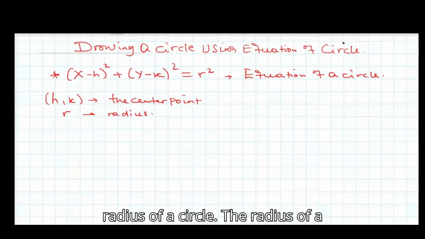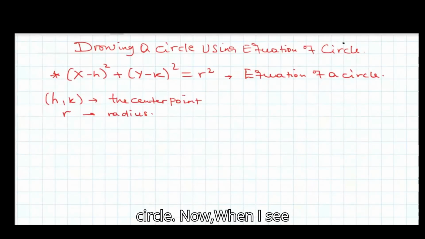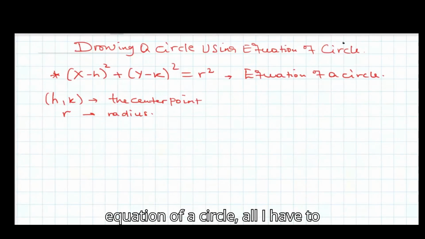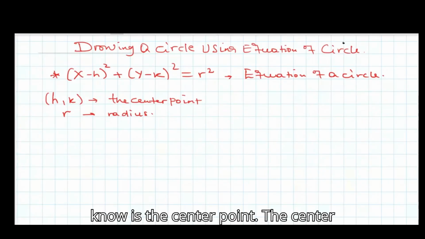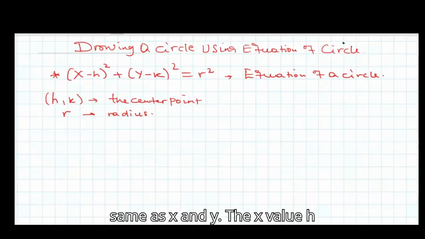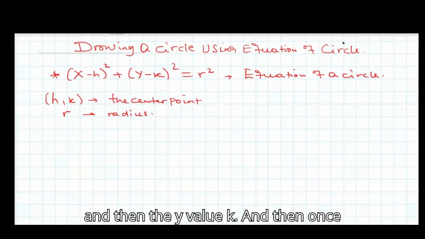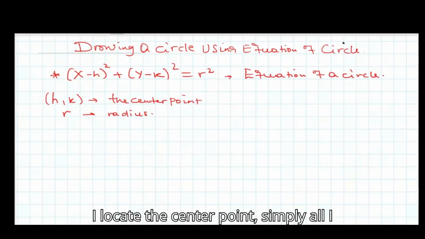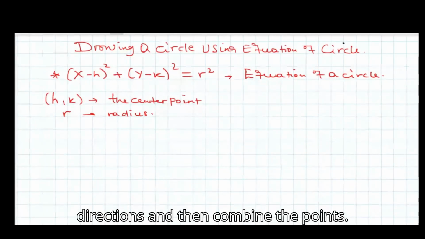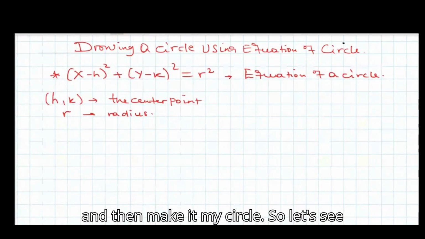When I see something that resembles this equation of a circle, all I have to know is the center point. The center point is h and k, the same as x and y: the x value h and the y value k. Once I locate the center point, all I have to do is measure the radius from the center point in all directions, combine the points, and make it my circle.